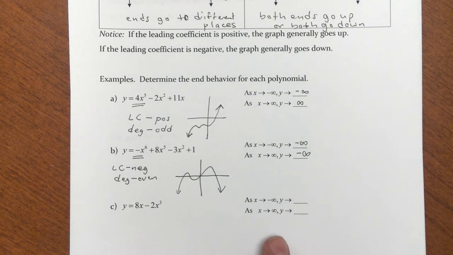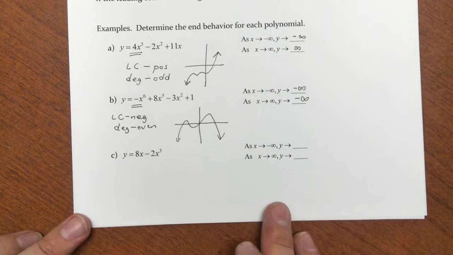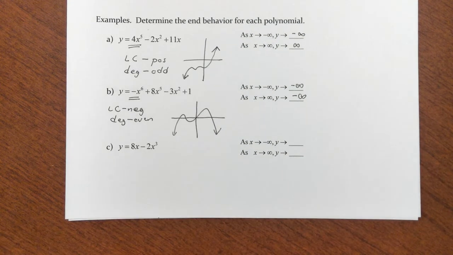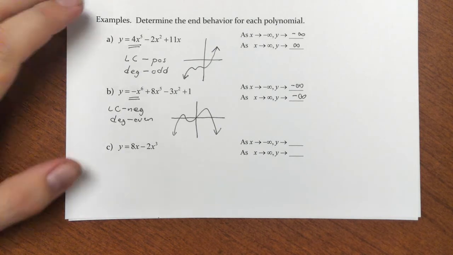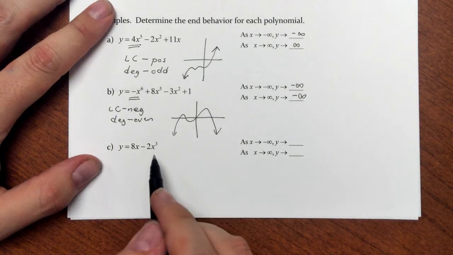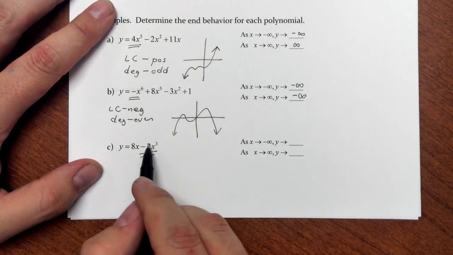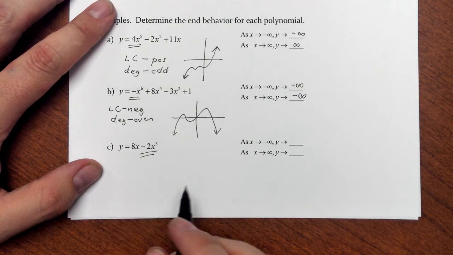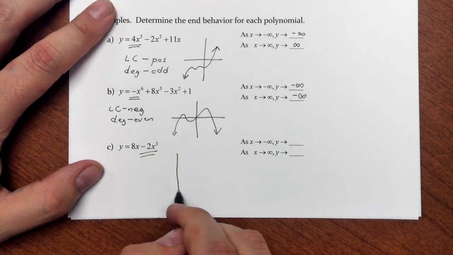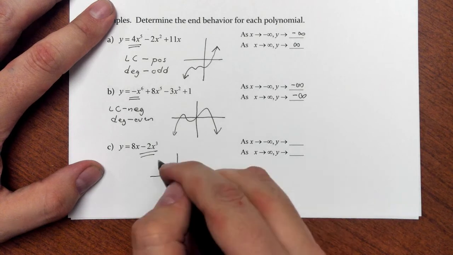All right, let's do one more. Y equals 8x minus 2x cubed. So I have to think, again, about my highest power term to get my leading coefficient and my degree. Well, be careful here. The highest power term is over here, negative 2x cubed. So that is a leading negative and an odd degree polynomial. Odd degree means the ends go opposite directions.